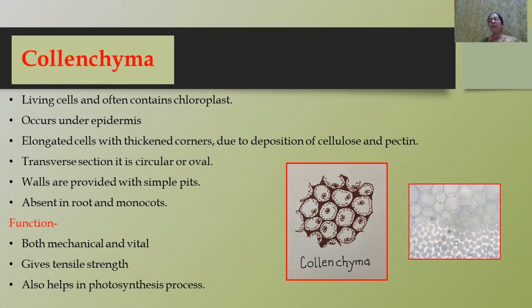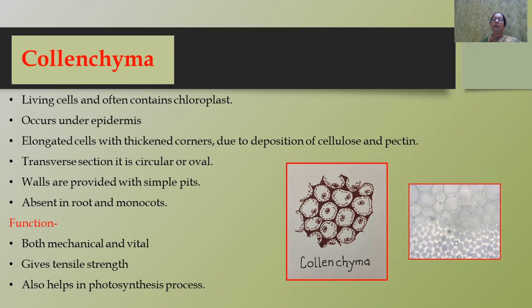These are generally absent from organs like roots, and they are also absent in monocots. Why? Because you see the function of the collenchyma. The function of the collenchyma is to provide mechanical support. As the walls of this collenchyma are thickened due to deposition of cellulose, they can help in providing mechanical support to the plant body.